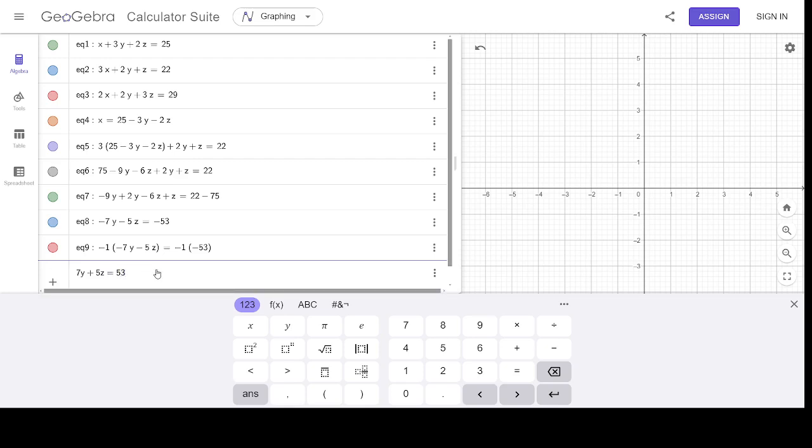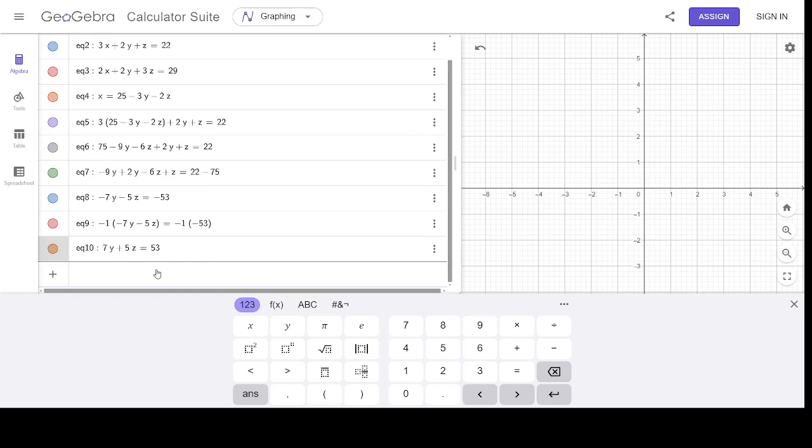So equation 10 gives us the expression from equation 2 with two variables because we have substituted x.